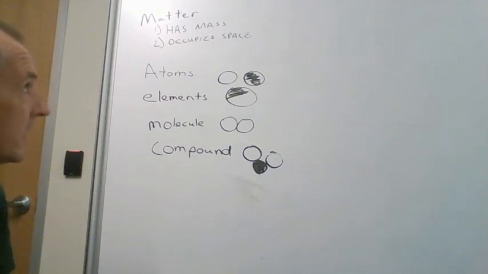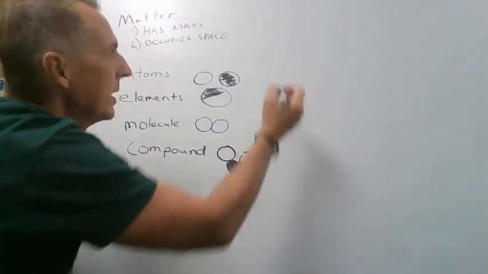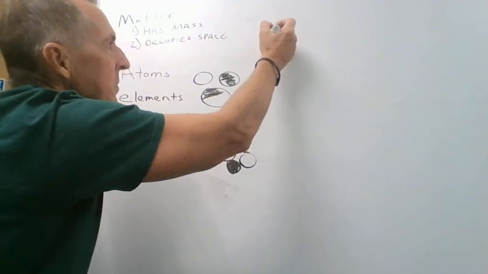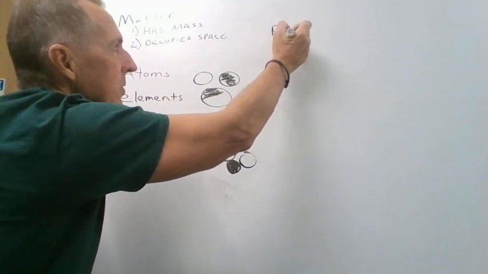So we said that chemistry is a study of matter and the changes that matter undergoes. So the changes that matter undergoes are two primary types. We have physical changes and chemical changes.